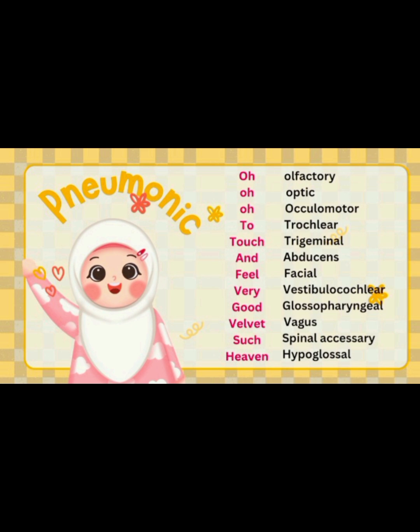So let's do a quick recap. So what was the mnemonic for cranial nerves? O, to touch and feel very good, velvet, such heaven. Or what is the other method?